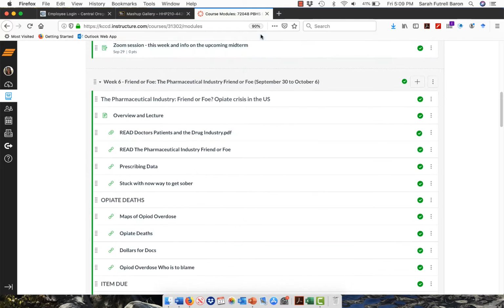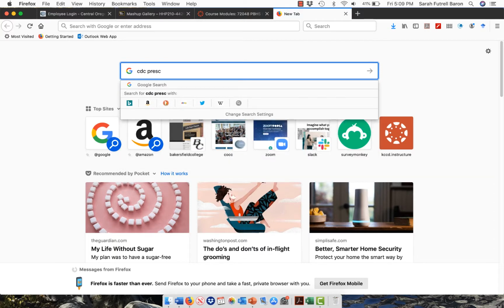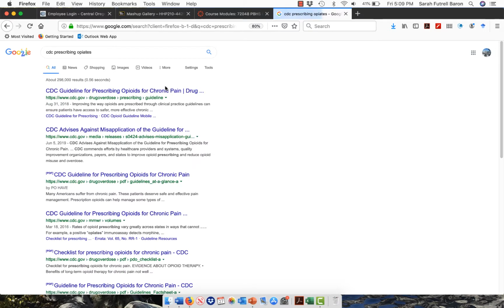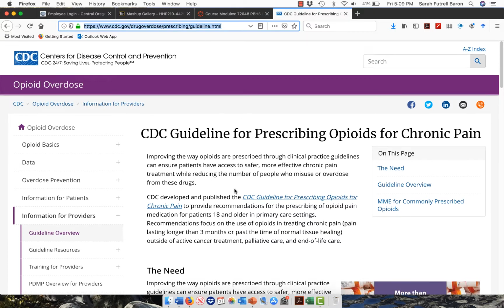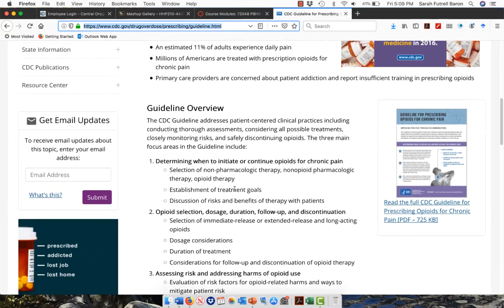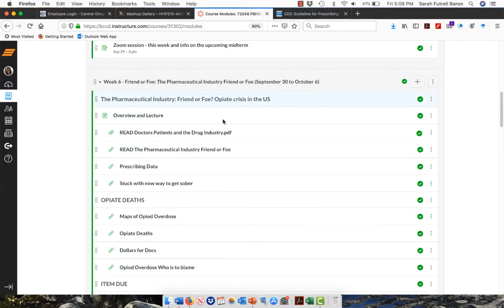I'm also going to put in here CDC prescribing opiates. They have a guideline right here, and this is actually very helpful, so I'm going to put this in the module too.